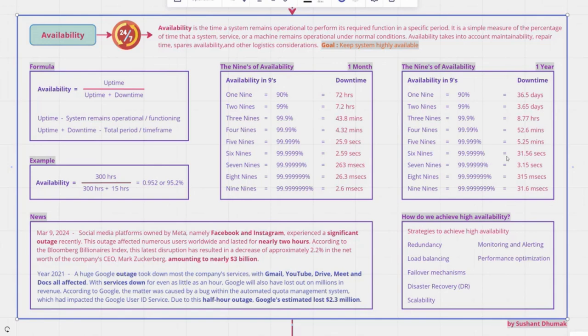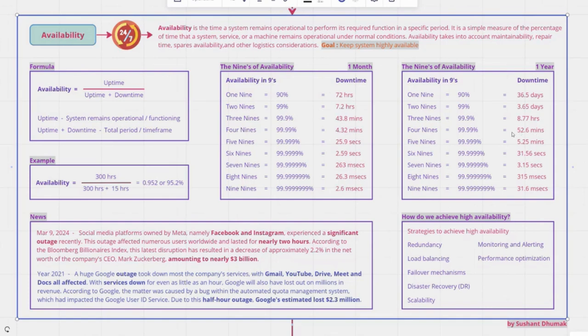Okay. Similarly, I have given another table here for a year. Just take an example. In a year, if your Facebook is down for 3 days or maybe 8 hours, we have seen in the news that Facebook was down for nearly 2 hours, how much money they lost.